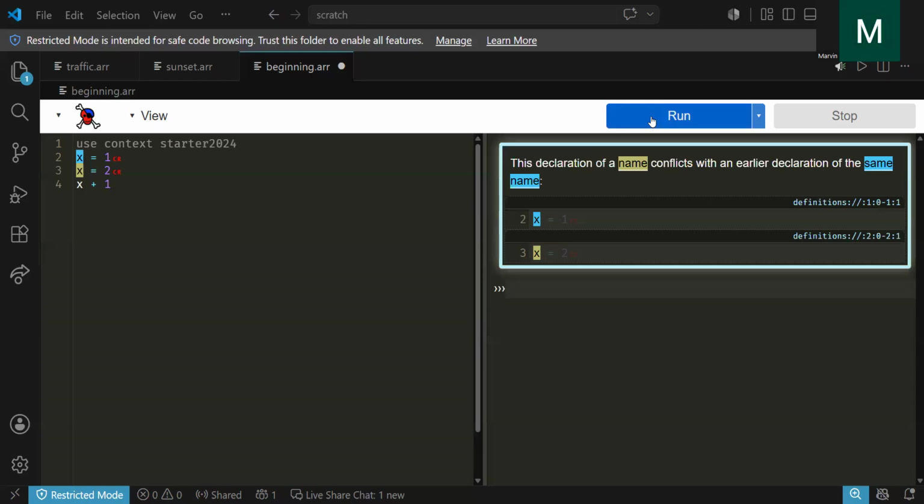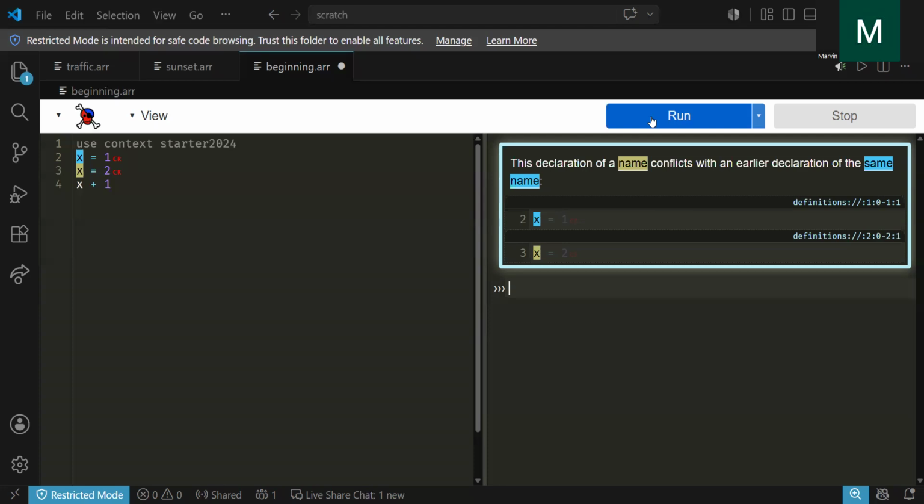Yeah, so this is an error. Different programming languages will have different answers here. In Python, this would work. But here it's an error. As you say, it does not make sense to define x twice. If you look at the error message, it says this declaration of a name conflicts with an earlier declaration of the same name.